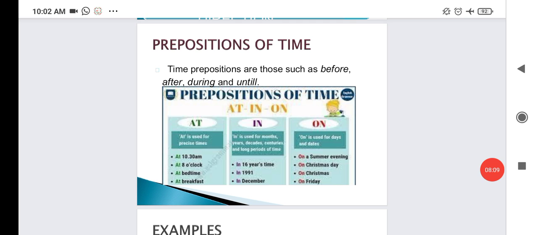In is used for months, years, decades, centuries and long periods of time. તો કે વધારે સમયગાળો દર્શાવવો હોય, કોઈ ટાઈમ સ્પાન દર્શાવવો હોય. તો કે હું 1991માં ઇંગ્લેન્ડ ગઈ હતી.